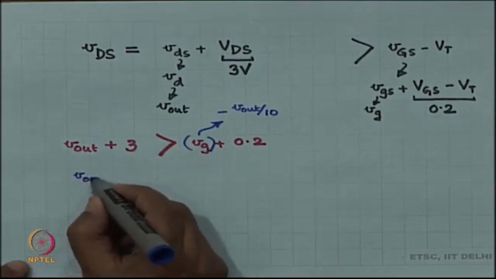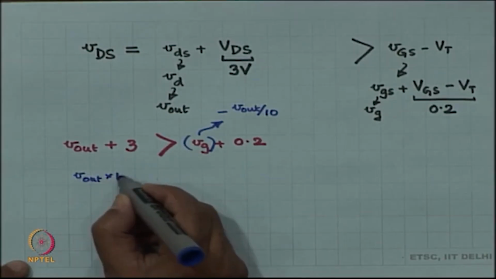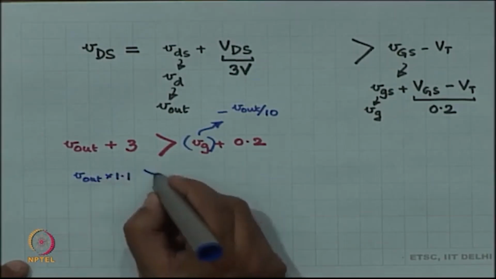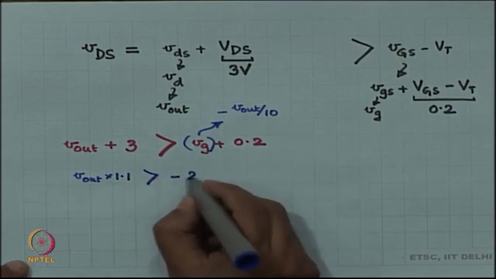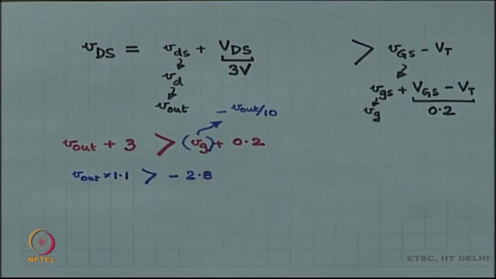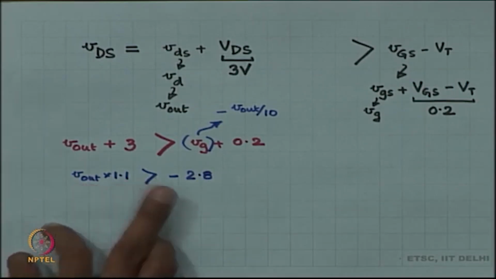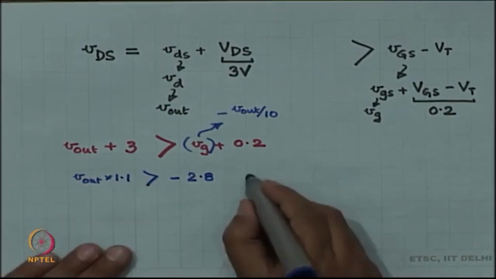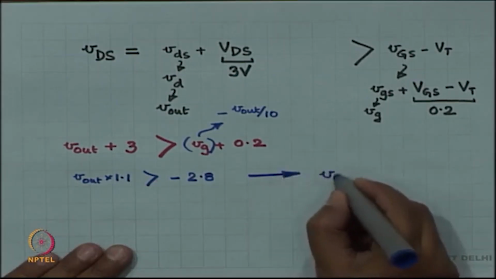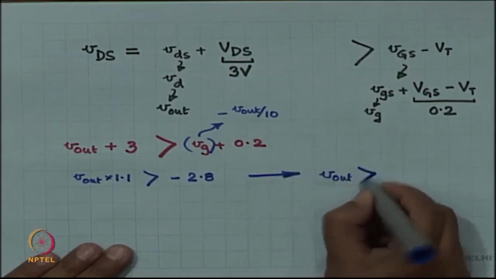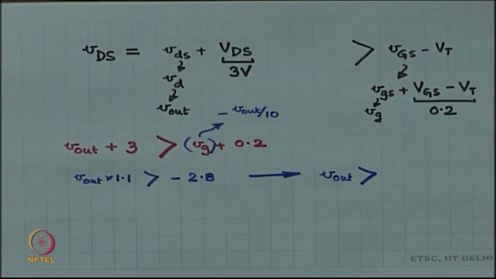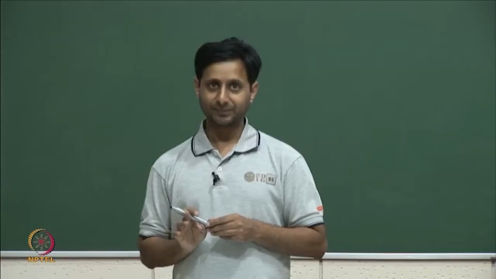So, V out into 1.1 is greater than minus 2.8. Okay. So, it is not just V out is greater than minus 2.8, V out into 1.1 is greater than minus 2.8, and this will give you V out has a limit, it has to be more than minus 2.8 by 1.1, whatever that is.